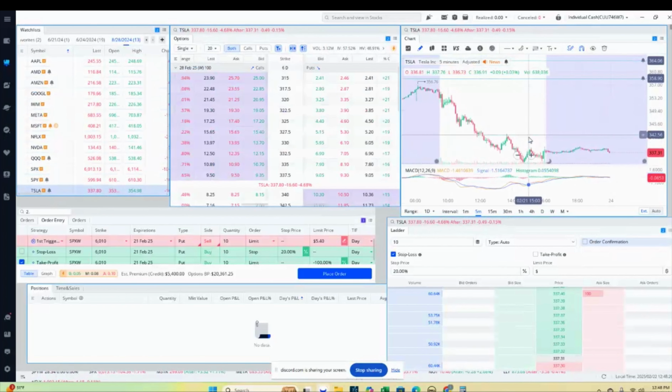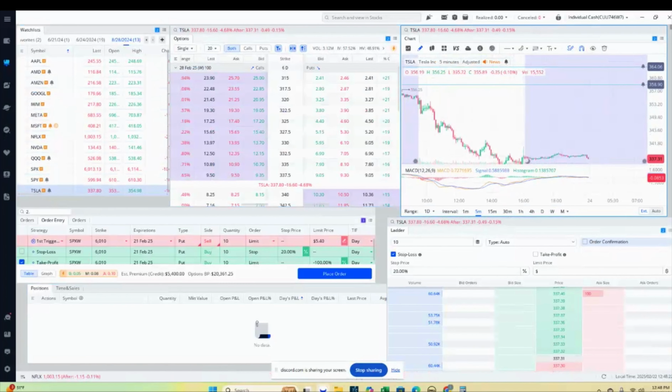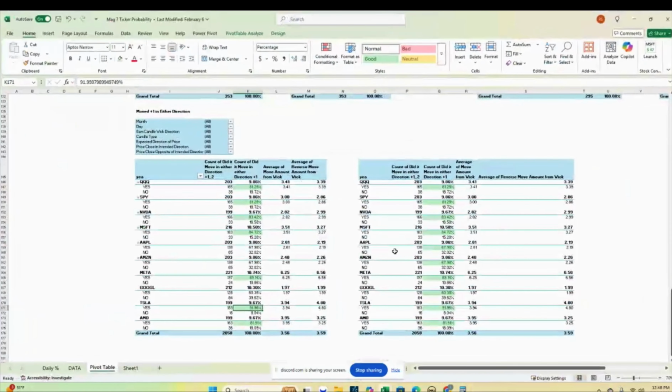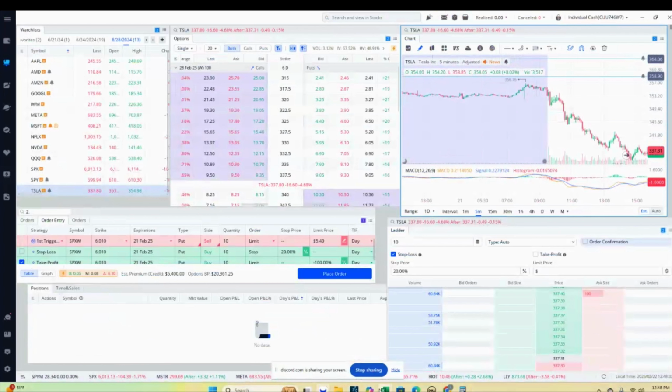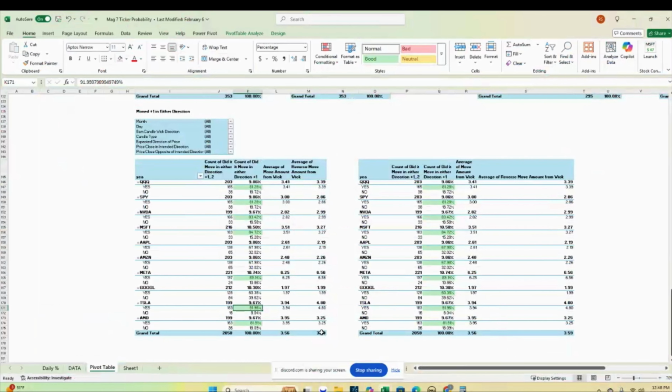So Tesla is one of the better ones, to be honest with you. I think almost 92% of the time, once it picks its direction, it goes in that direction, at least $3.25 to $3.95.